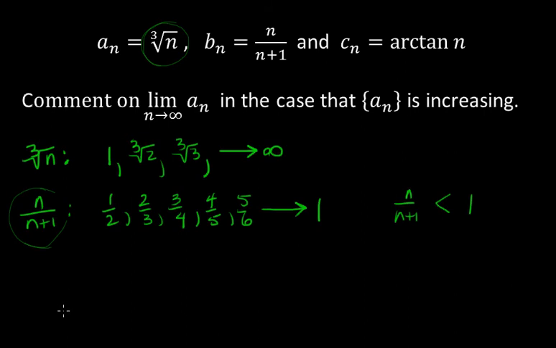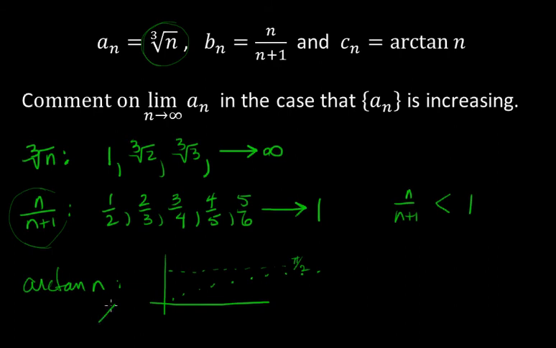Another example, arctan n. Write out a few terms. Well, we don't need to write them out because we don't know their exact values. Let's look at a little picture. We know that arctangent has a horizontal asymptote at y equals pi over 2, and the terms of the sequence are just the points of the graph that have integer x-coordinates. And I don't know how to evaluate those in my head, so I'll just draw a picture.